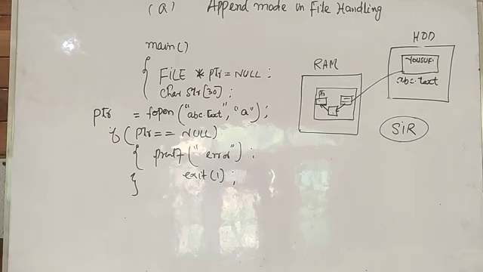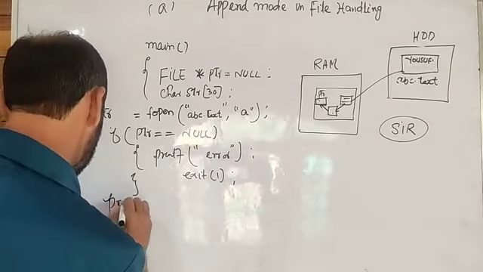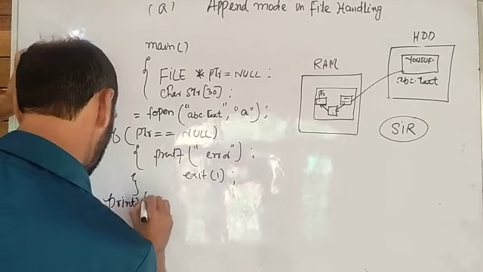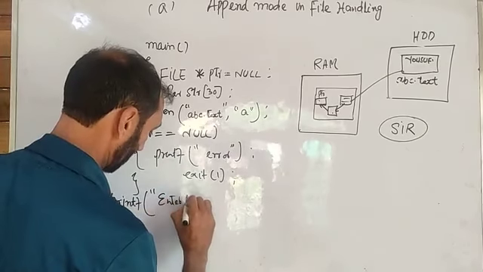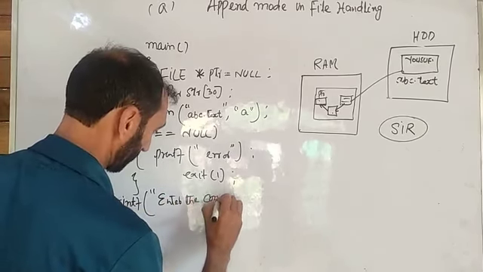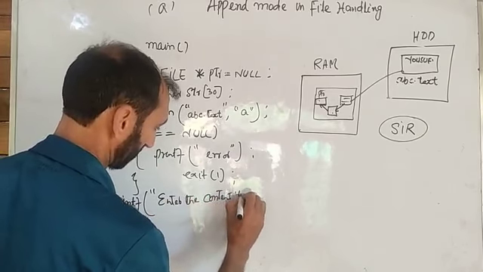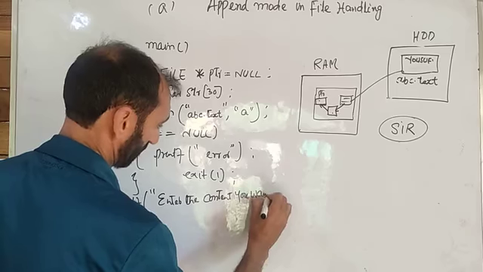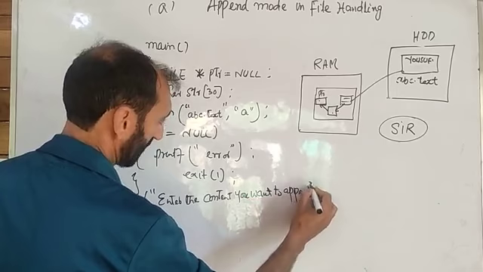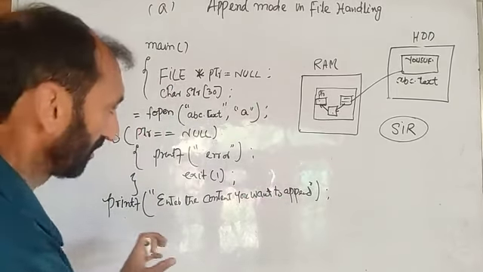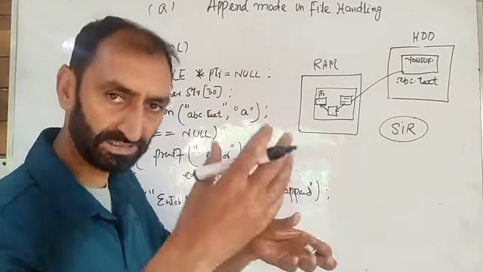Here I want to take this from the user. printf: enter the content you want to append. This is a prompt, since the content must be entered by the user.